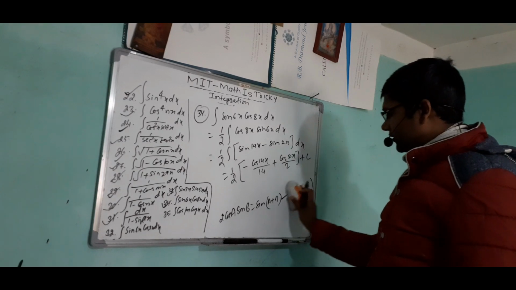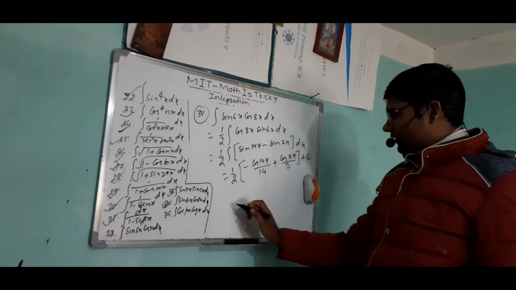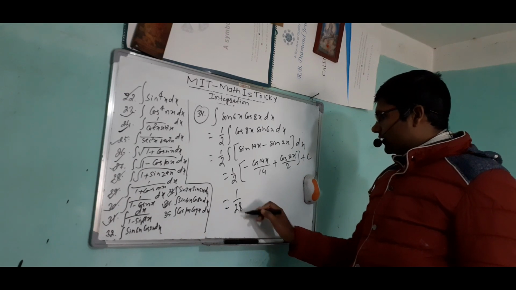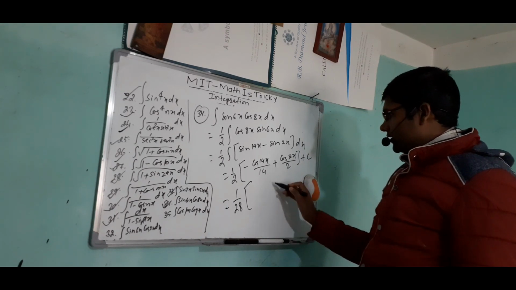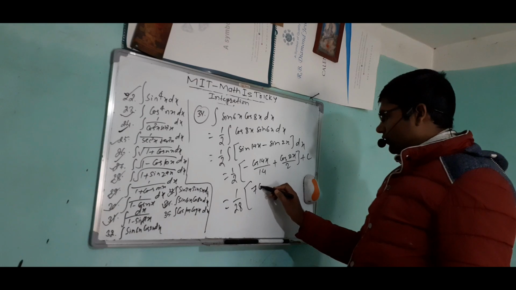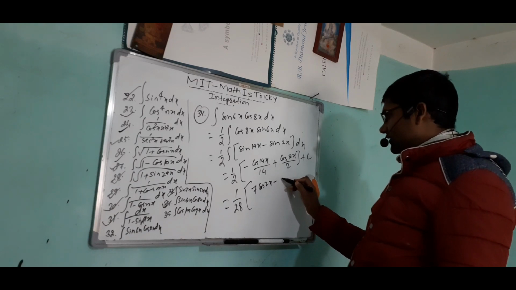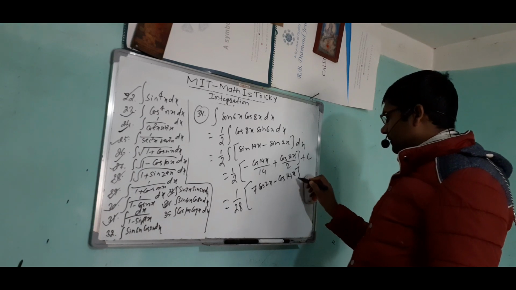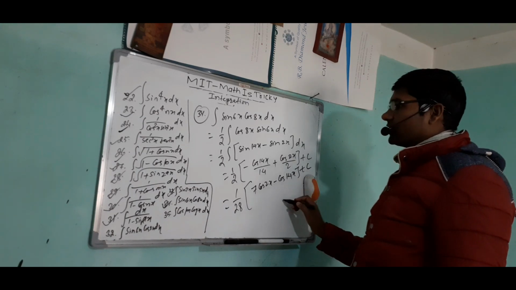The final answer will be 1 by 28 times 7 cos 2x minus cos 14x plus c. That's our answer.